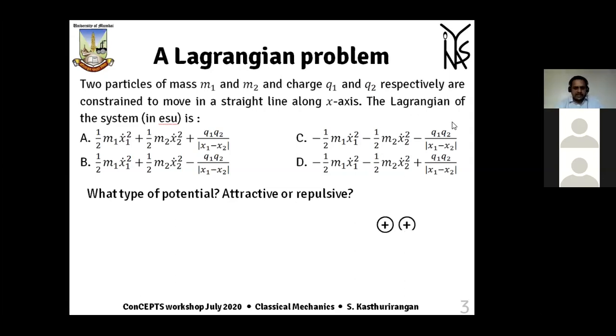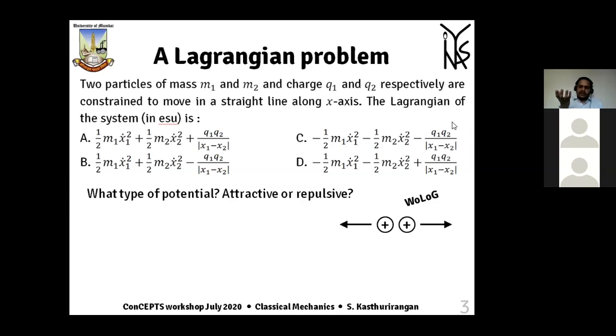So in this case, whenever you have two similar charges, two positive charges, for example, then you know that they will repel each other. So without a loss of generality, assuming that both Q1 and Q2 are positive, you can easily see that it's a repulsive potential. Hence, the potential energy term will be a positive term.